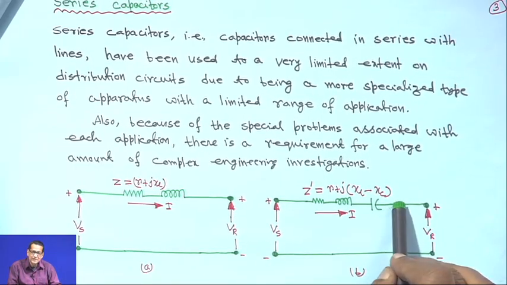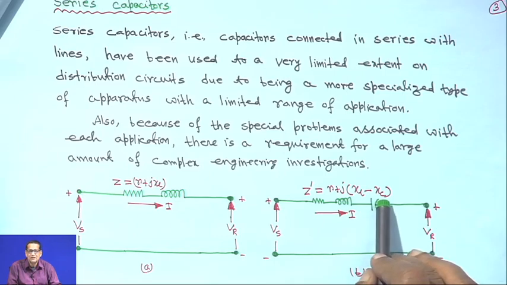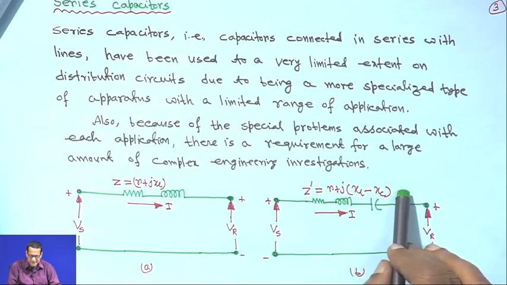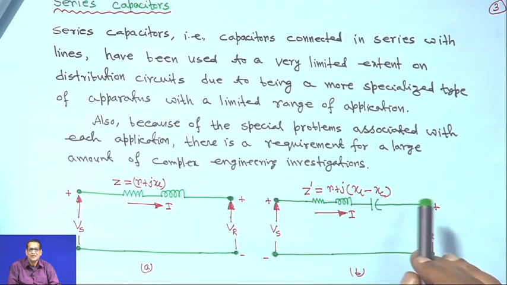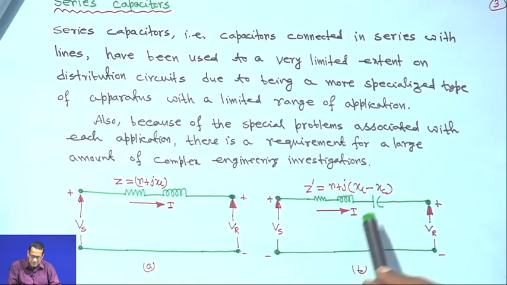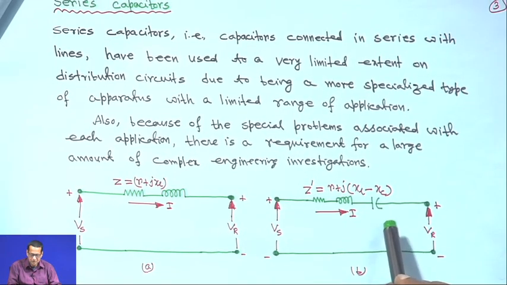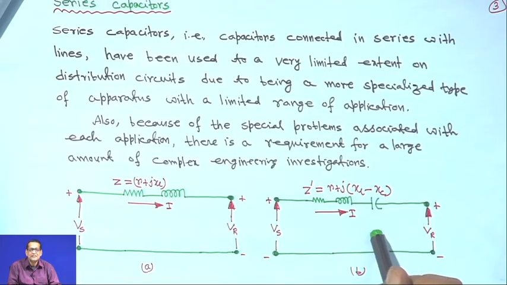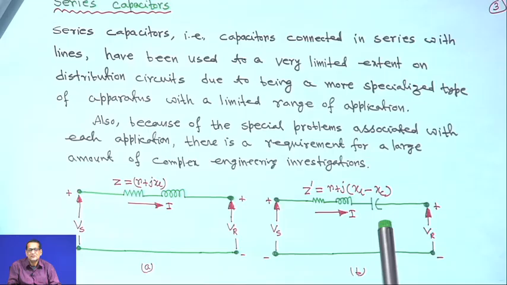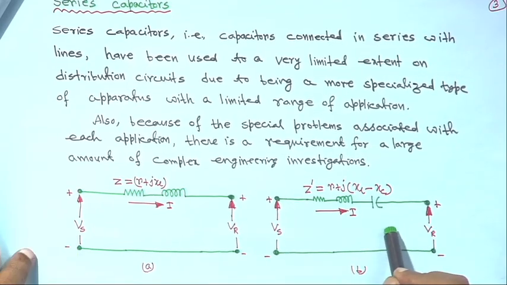Generally, Xc should be less than or equal to XL. If Xc is greater than XL, it is overcompensation, right. We will discuss the series capacitor a little bit, not much. As far as theory is concerned, it will be explained here, but in the numerical assignment we will give you some problems regarding a series capacitor.